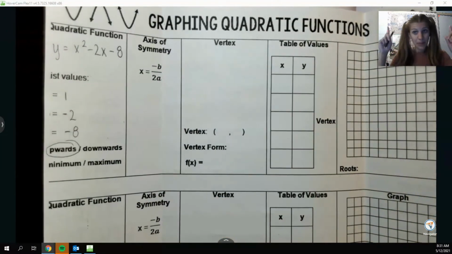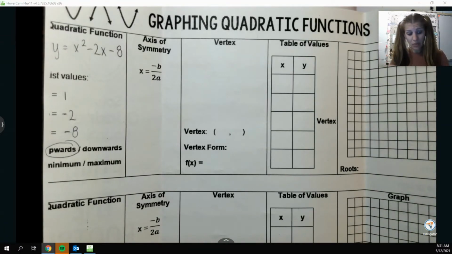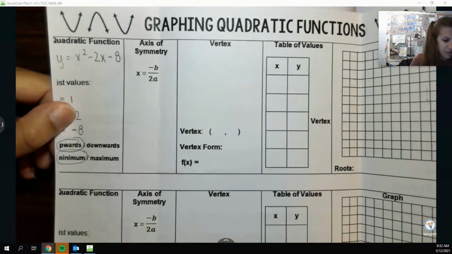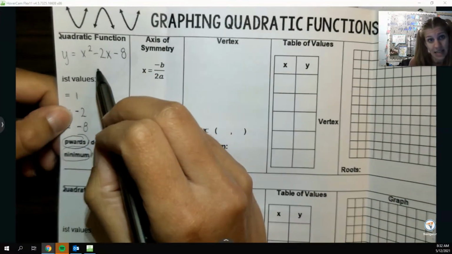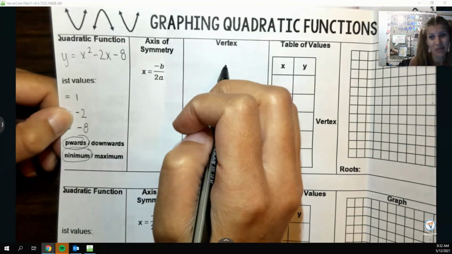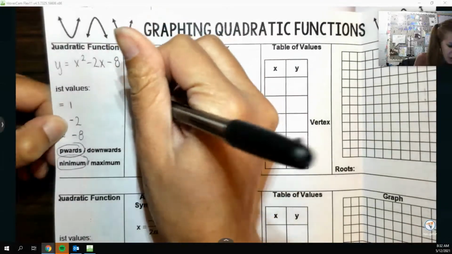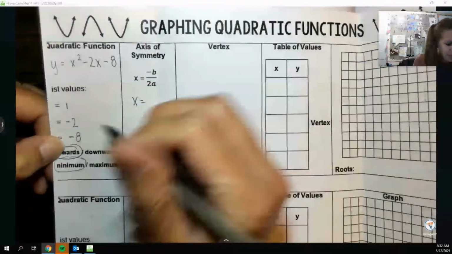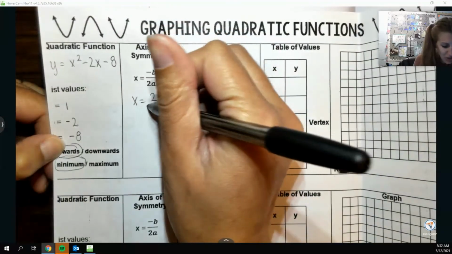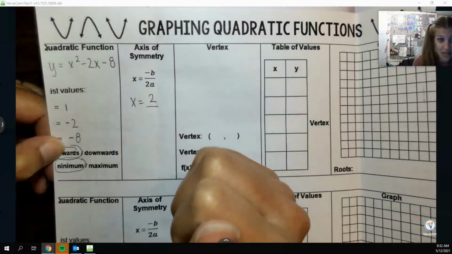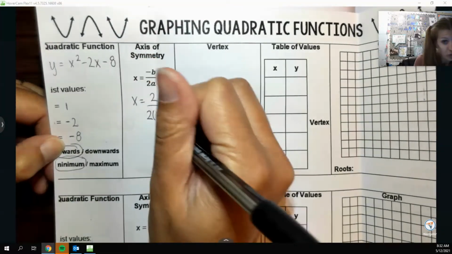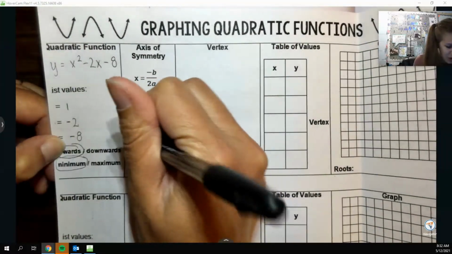And since it's going to point up, the vertex will be a minimum. Because I am in standard form to find my axis of symmetry, which is super important because I need the vertex, we do this little mini equation, -b over 2a. So if I do -b, I get 2, because a double negative will make it positive, over 2 times a, which is 1, which is 2, and 2 over 2 is just 1.